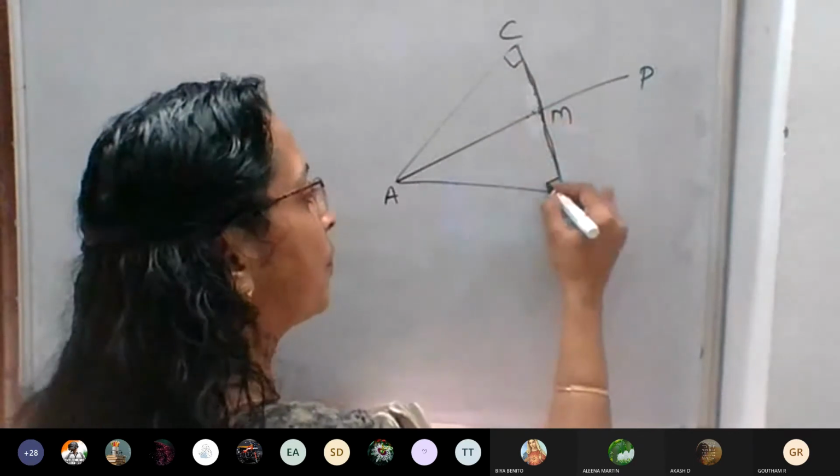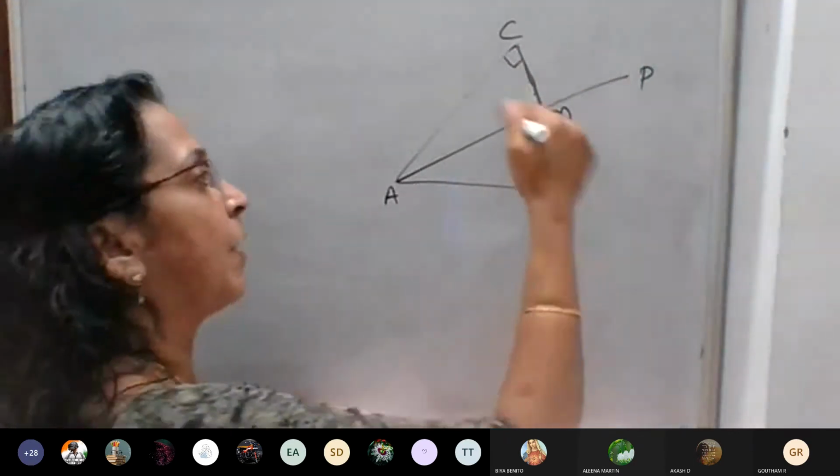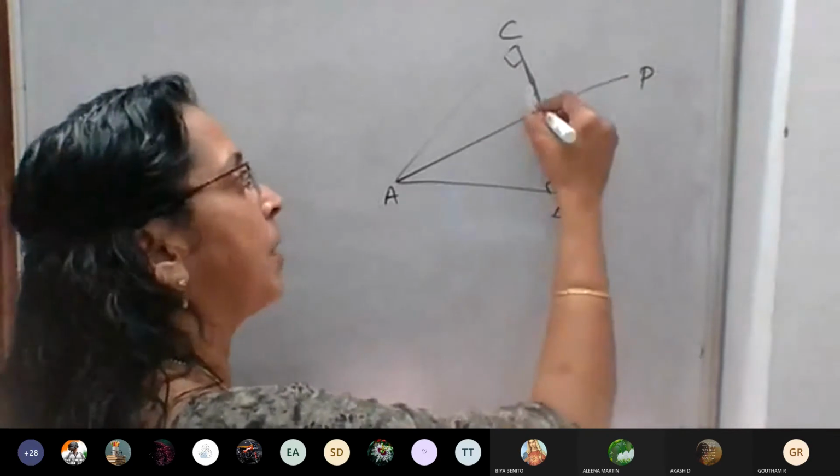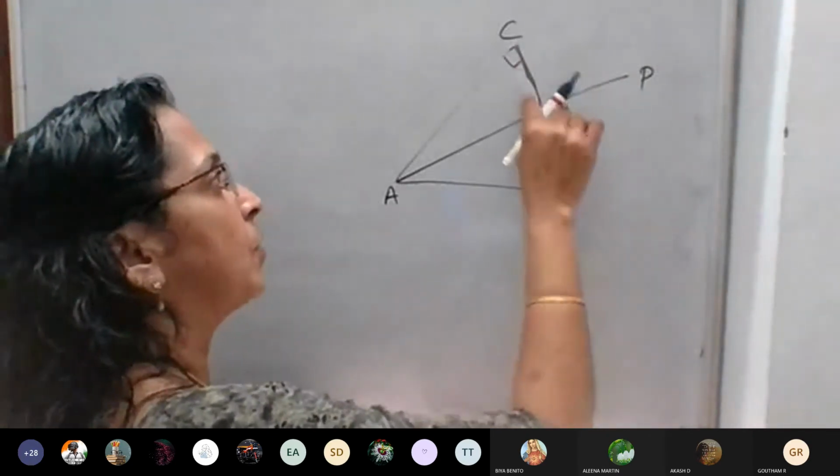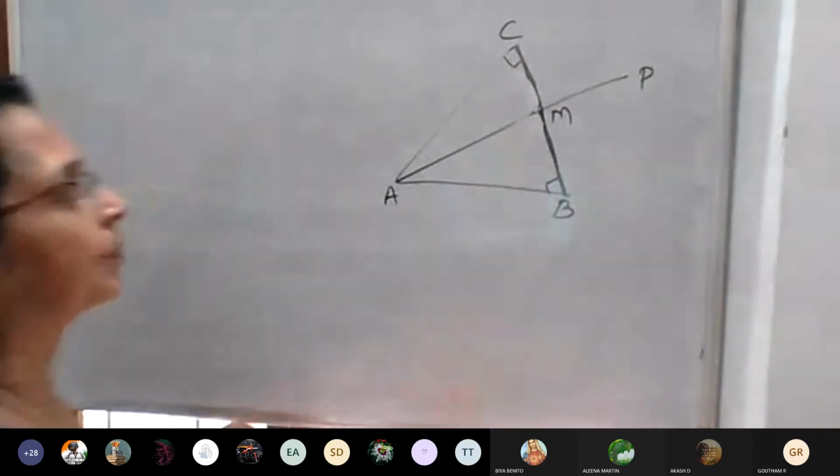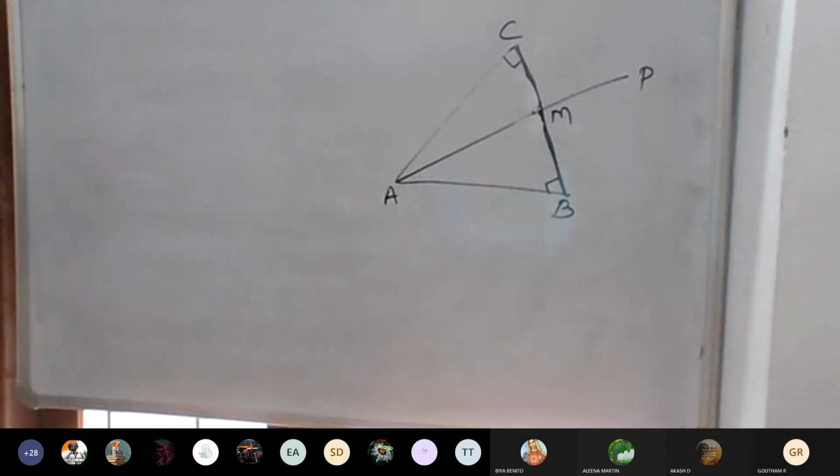That means this is 90 degrees. So these two angles, we have to find out what those two are.